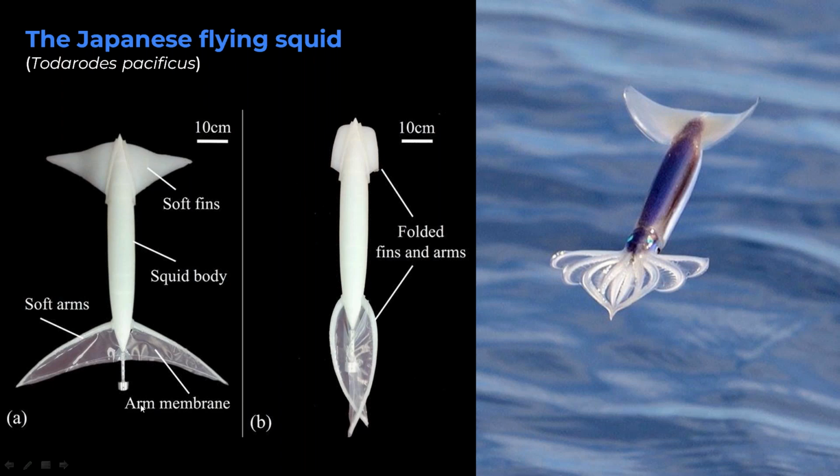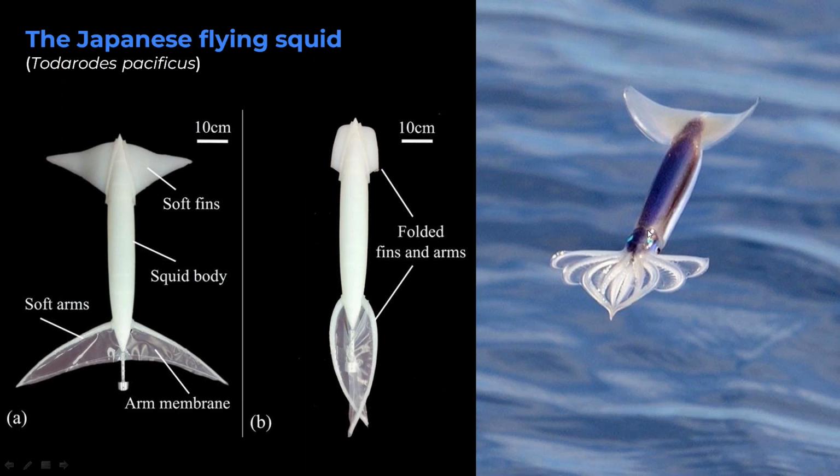These are the tentacle areas, the arms, and they have webbed skin attached between their tentacles or arms, and here they have the soft fin which almost acts like a wing. When they are not active, these fins and arms are folded, and this is how the squid looks.